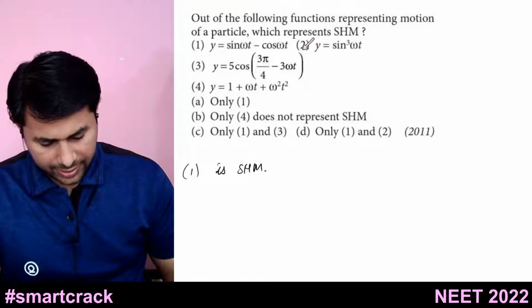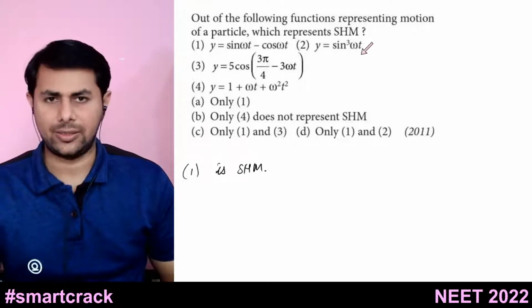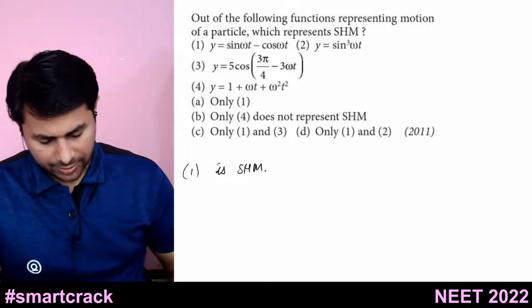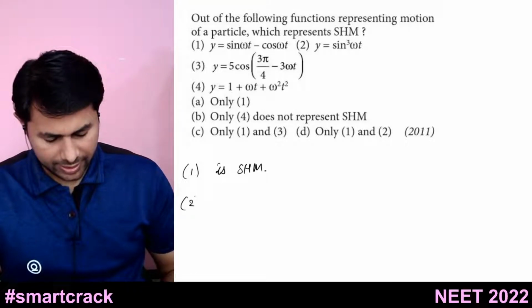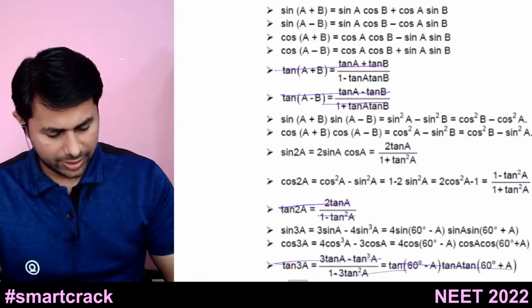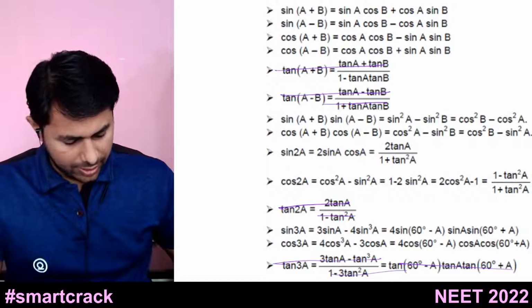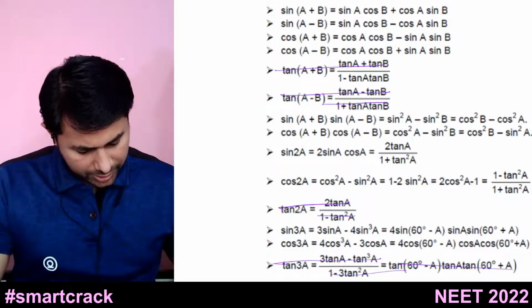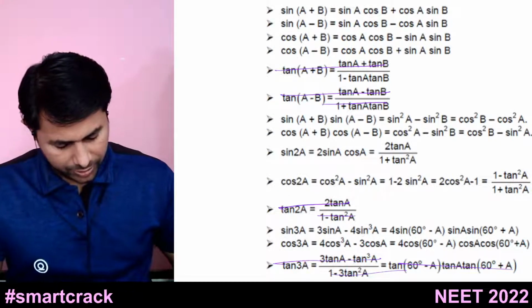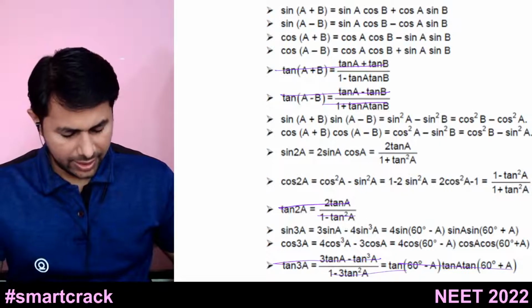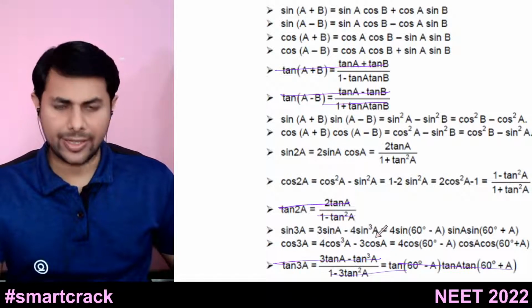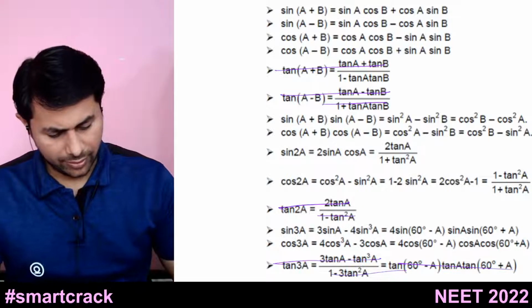Second one, let's see: y equals sine cube omega t. Let's see the formula for sine cube. If you see over here, sine 3a equals 3 sine a minus 4 sine cube a.